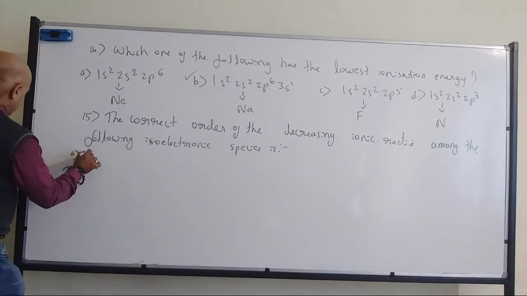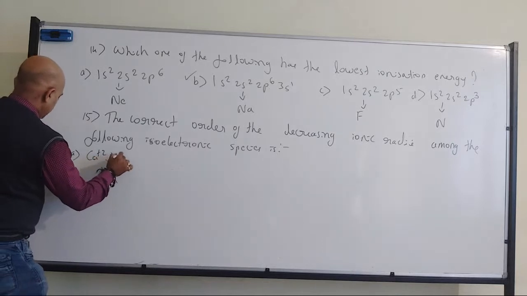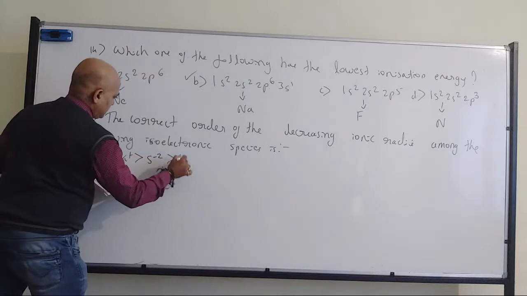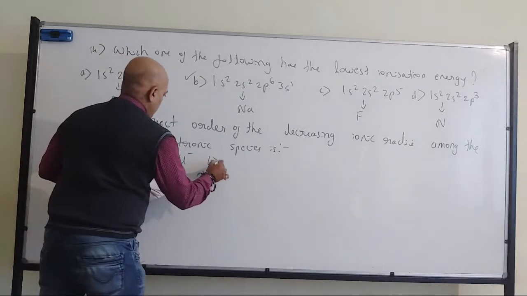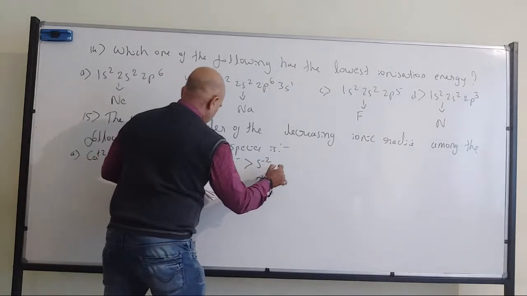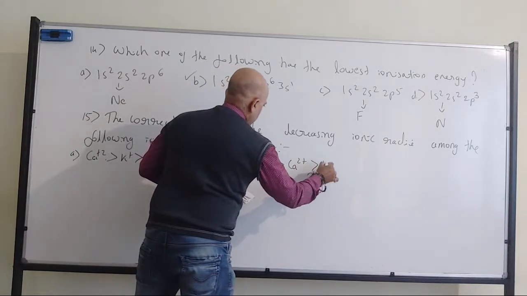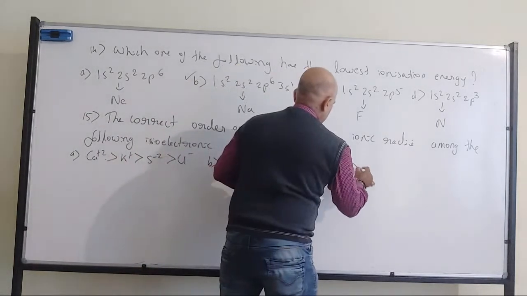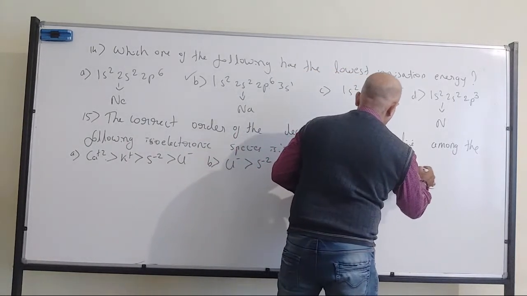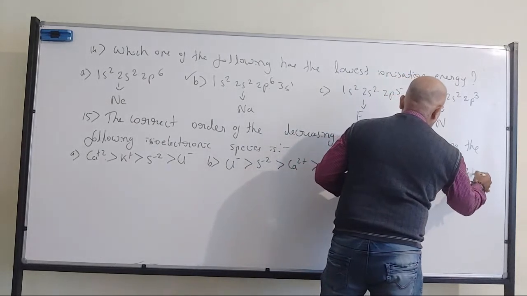Option A, calcium 2+ greater than potassium + greater than sulfide greater than chloride. Option B, chloride greater than sulfide 2-, then calcium 2+, then potassium +. Option C, sulfide greater than chloride greater than K+ greater than calcium 2+.